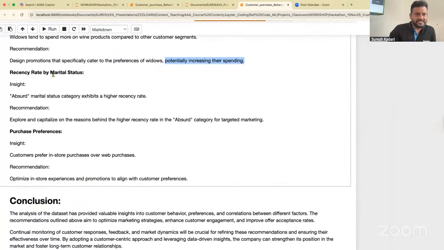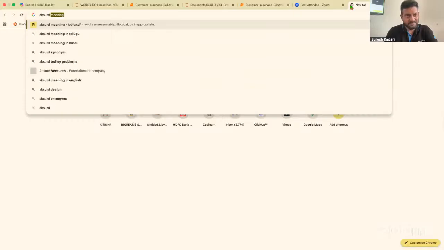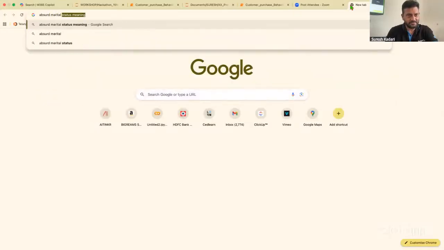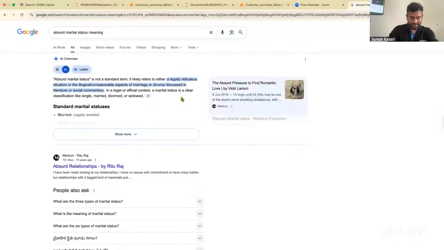Okay, recency rate: absurd marital status exhibits a higher recency. What is absurd marital status? Anybody knows? Not a standard term, I know.